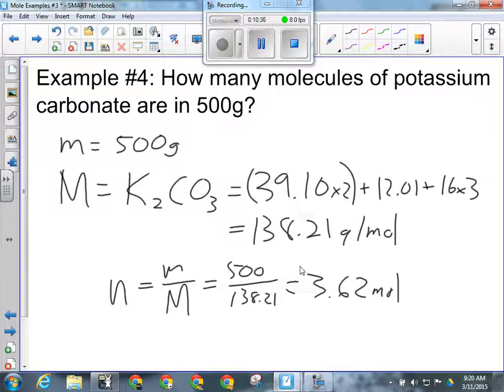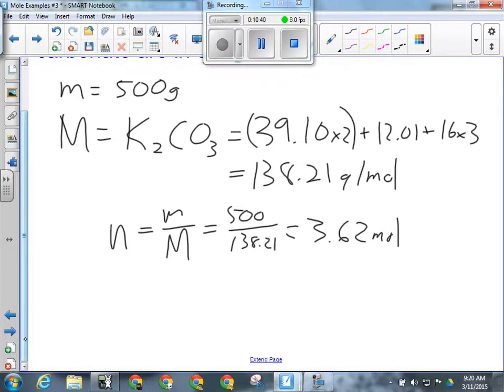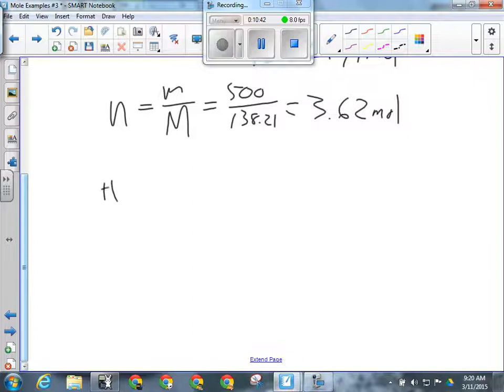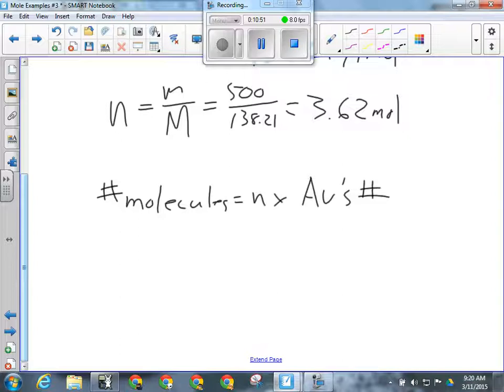Hey, everybody all right with that? All right, so now I've got to take that number and multiply it by Avogadro's number to get the number of molecules. So that's going to mean 3.62 times 6.02 times 10 to the 23.